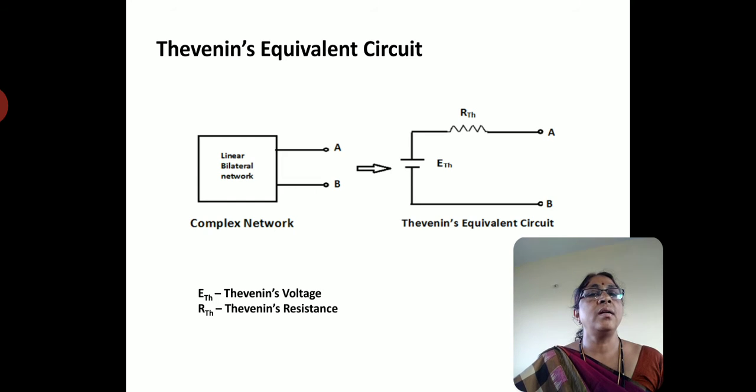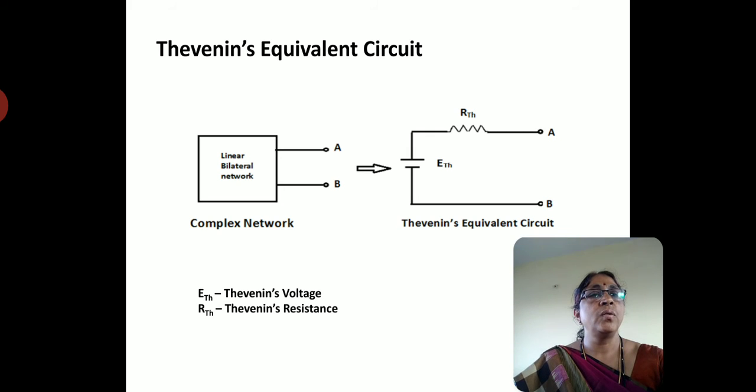A complex network can be reduced to the Thevenin's equivalent circuit, consisting of a voltage source and a resistance connected in series. Here ETH is the Thevenin's voltage and RTH is the Thevenin's resistance. At the two terminals A and B, we apply the external load.